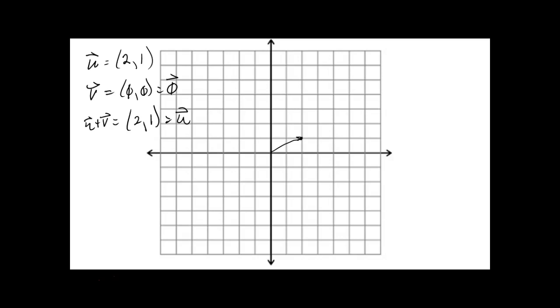Now, let's go back to the other slide, which I think is this way. Another basic vector operation, first is vector addition, which we've just been batting around. The other basic vector operation is scalar multiplication.